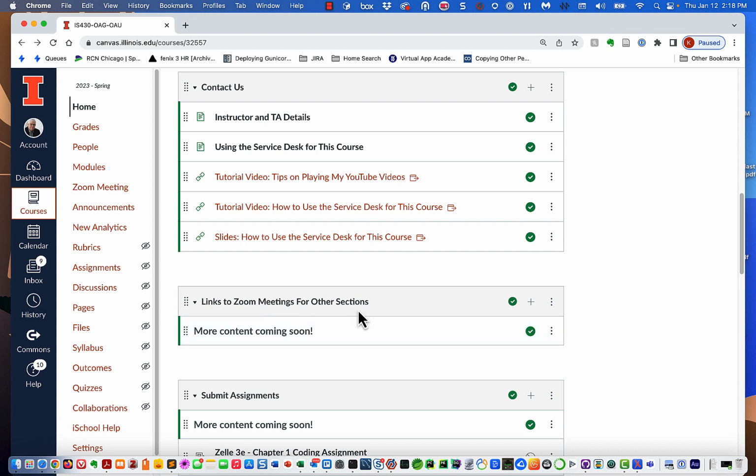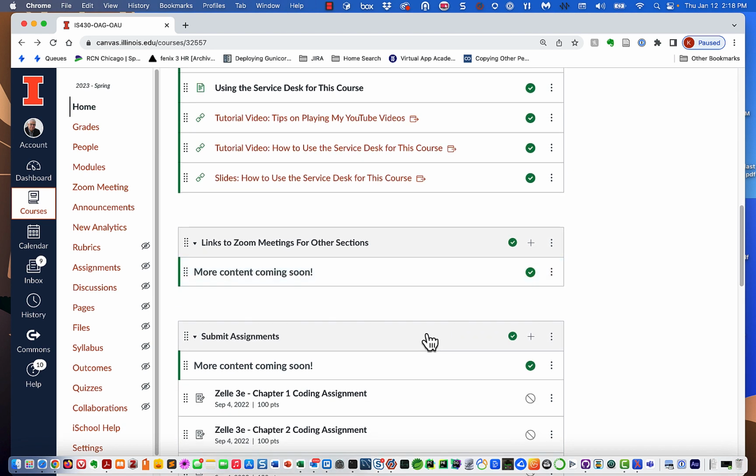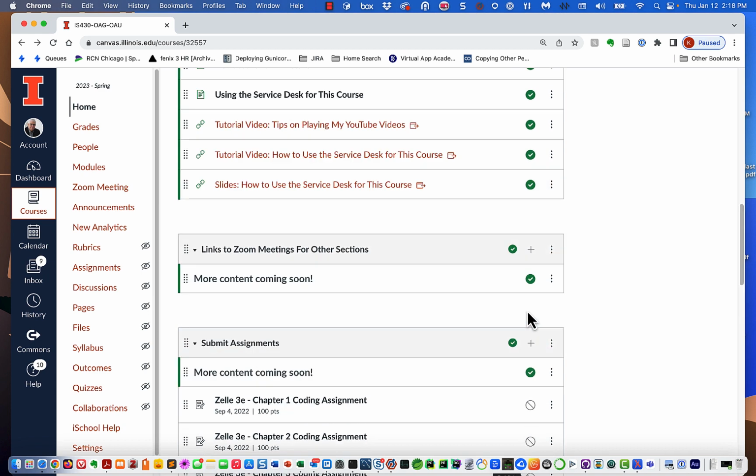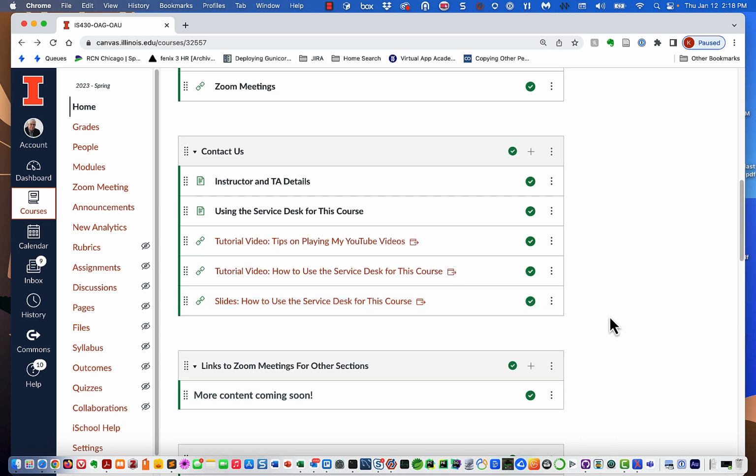The next section that I have here is called links to Zoom meetings for other sections. I haven't populated this, and I'll talk about this in a minute. There's a section for submit assignments. Right now on your version, it probably ought to be looking at your version.